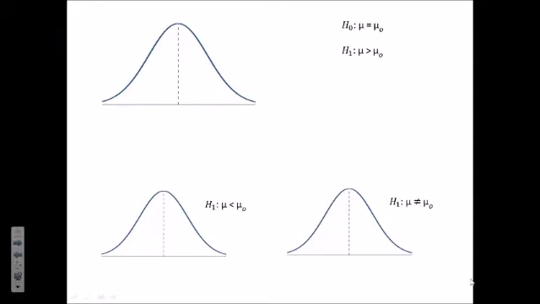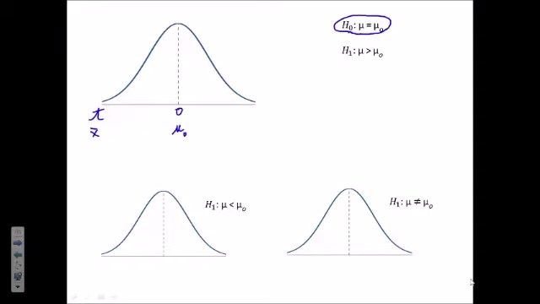Just as with a z-test, with a t-test we'll be using a t-curve. And we're going to assume the null hypothesis is true. That means our x bars are going to be normally distributed with mean mu sub naught.